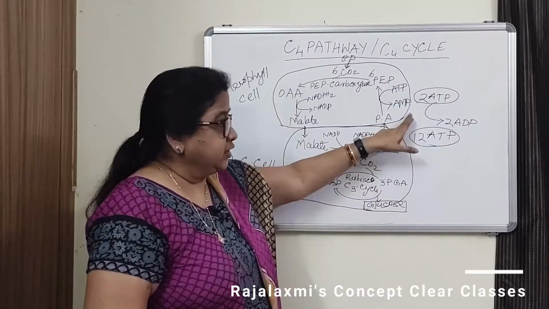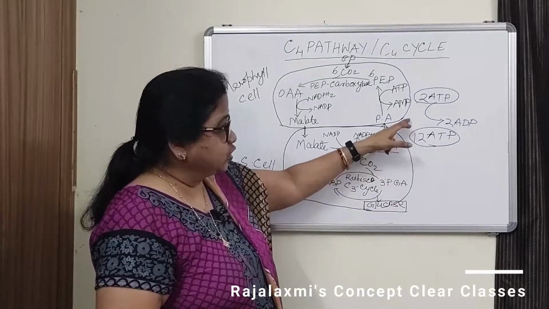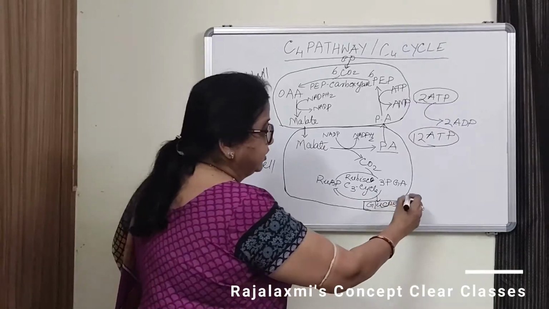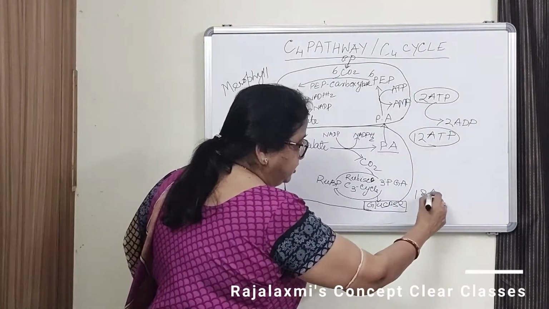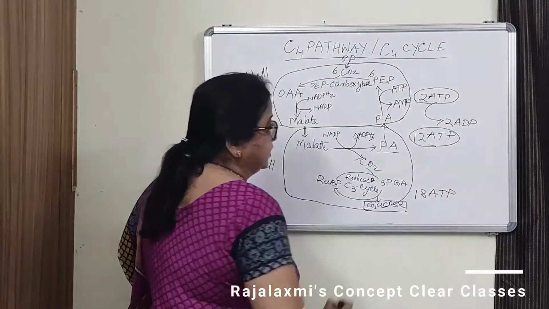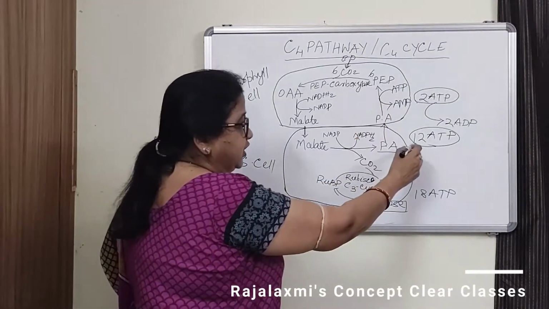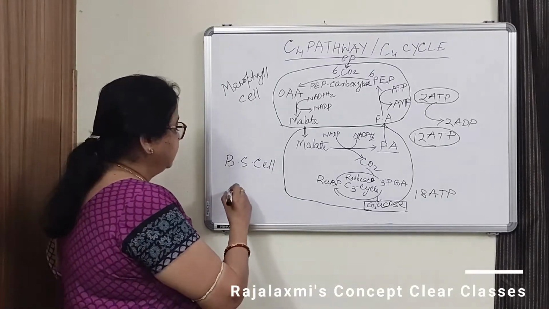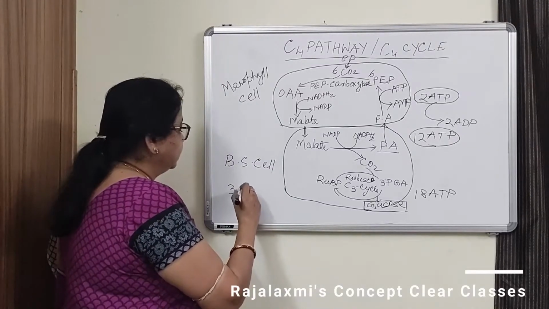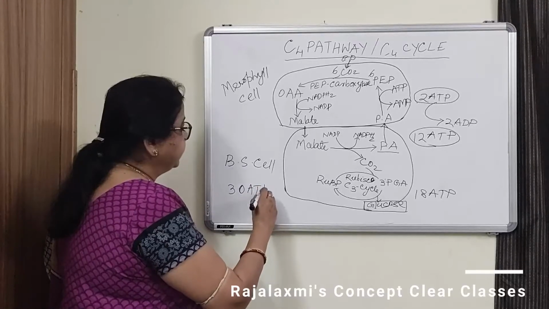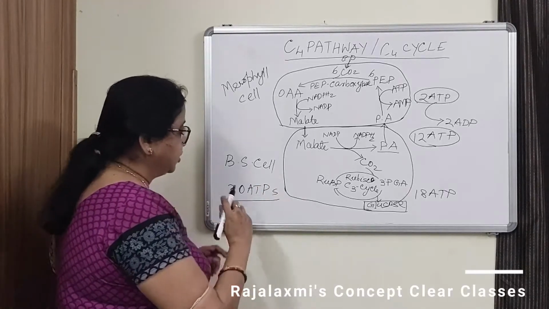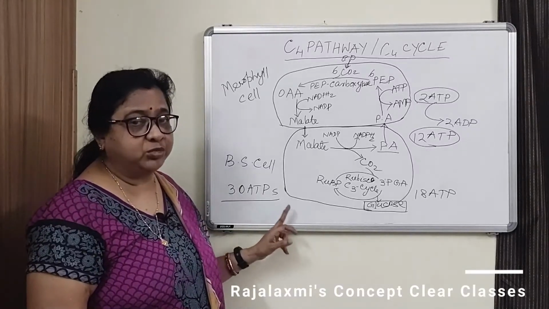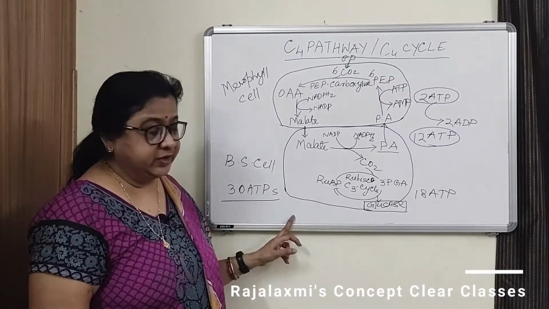If we see the total number of ATP, in the C3 cycle 18 ATPs are required and in this step 12 ATPs are required. So in C4 plants a total of 30 ATP molecules are required for the synthesis of 1 molecule of glucose.